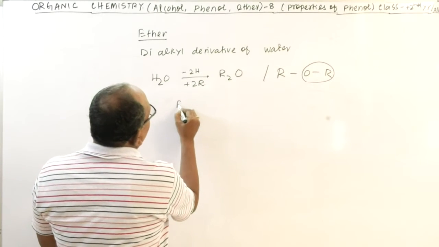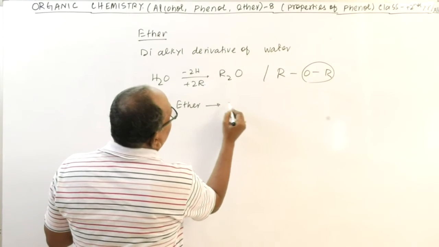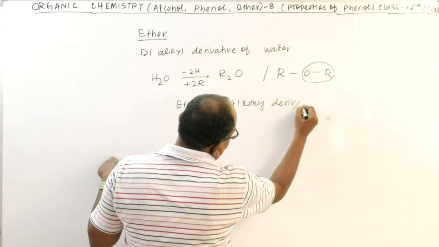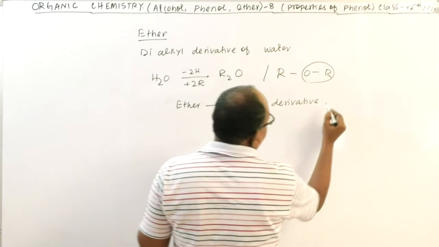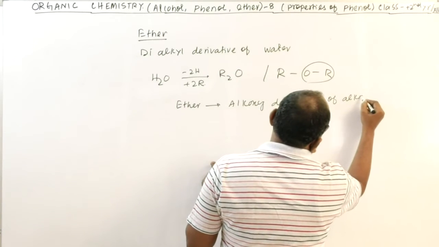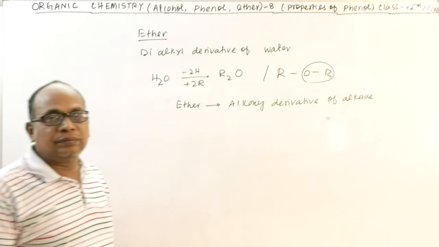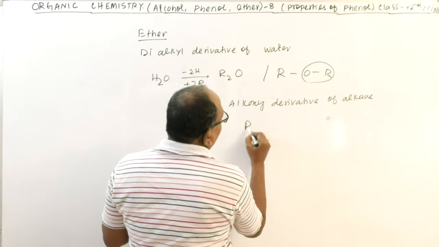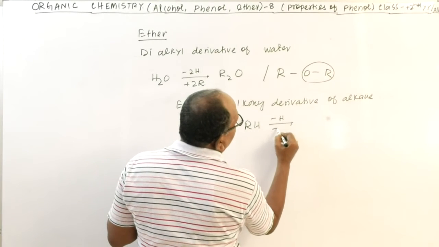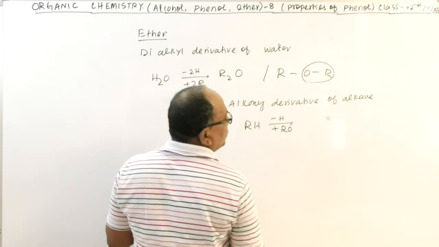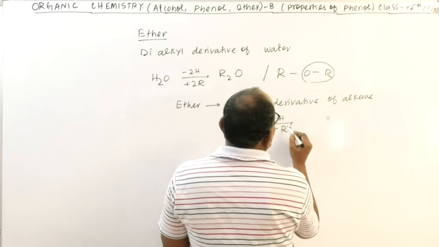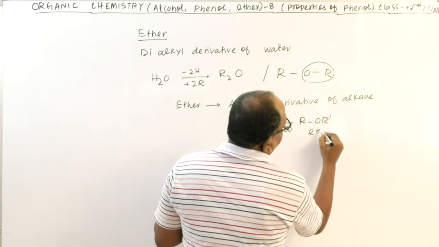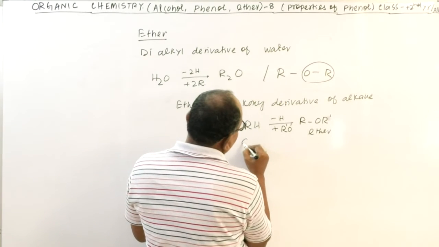So ether is also the alkoxy derivative of alkyl, meaning the hydrogen atom of an alkyl molecule is replaced by the alkoxy group RO. This is your ether, this is your alkyl.